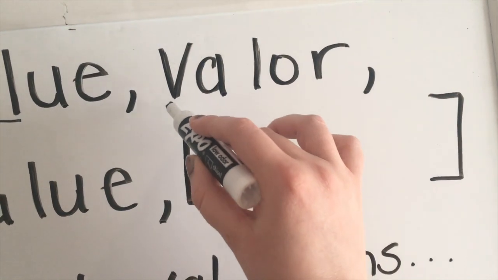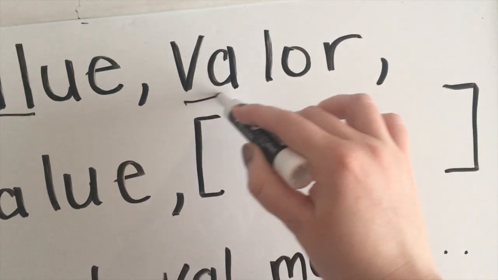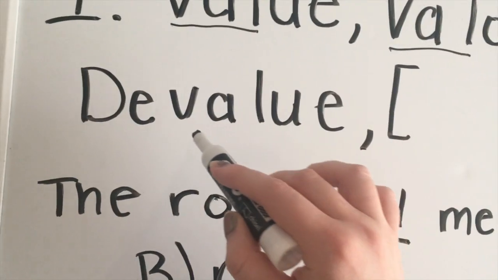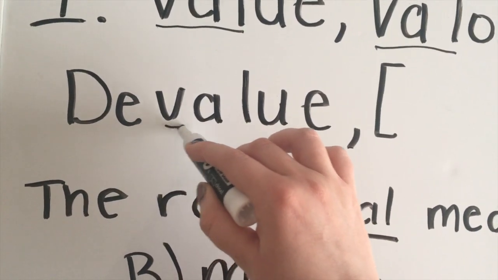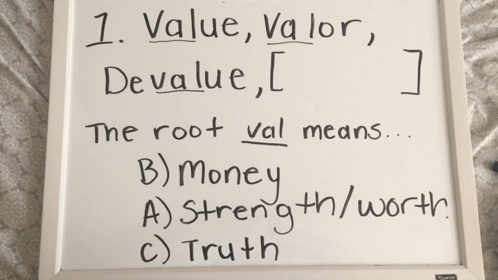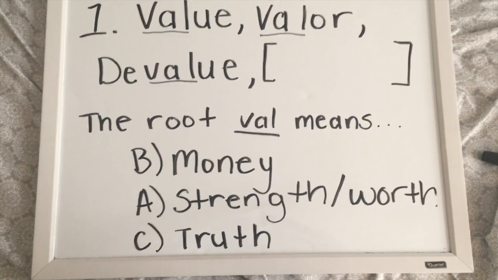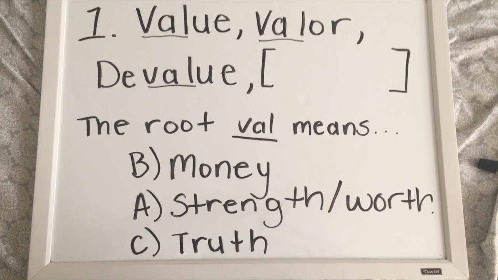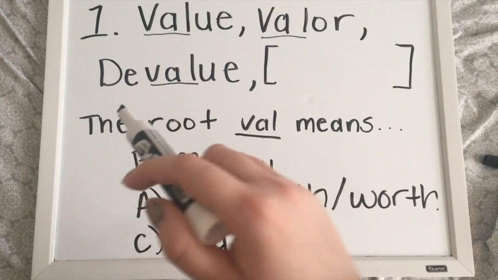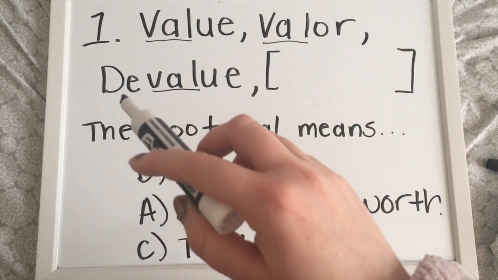Valor, right there. And devalue. Now, this is a little bit different because, like I said, a Latin root can stand on its own, but here we can see it in the middle. That's very rare, but it can happen, especially because there's this prefix over here. But if you look, it's just like the word value, just D in front of it.